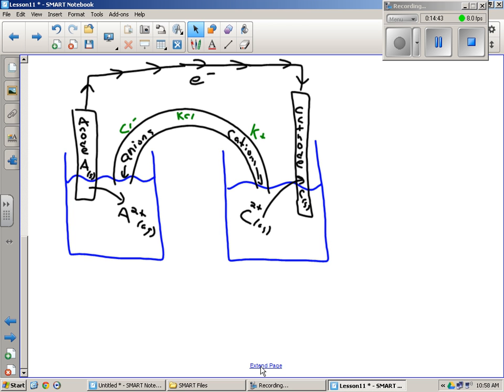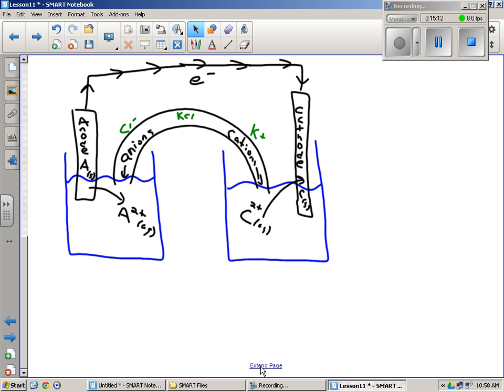Eventually, it may even decide to stop because it's going to be so positive in that solution, it's going to be holding on to those electrons too much. I realize the cathode wants them, but after a period of time, it's going to be like, we need to slow this down because look at all the positives down here. And they don't want to let go of the electrons. So that's what's going to happen.